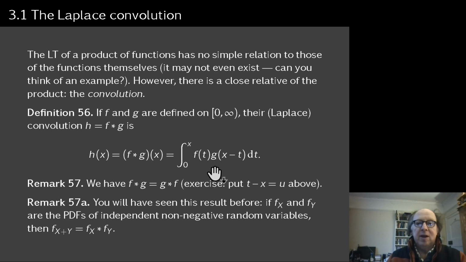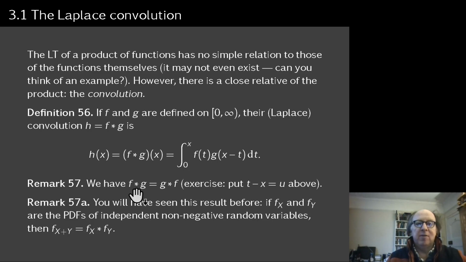So the probability that X plus Y is equal to x is the sum of the probability that X is equal to t and Y is equal to x minus t over all possible values of t running from 0 up to x. So this is actually quite a familiar object, and we'll be seeing a lot more of it later on when we do the Fourier transform as well. So that's the convolution, the integral from 0 to x, f(t) g(x minus t) dt.